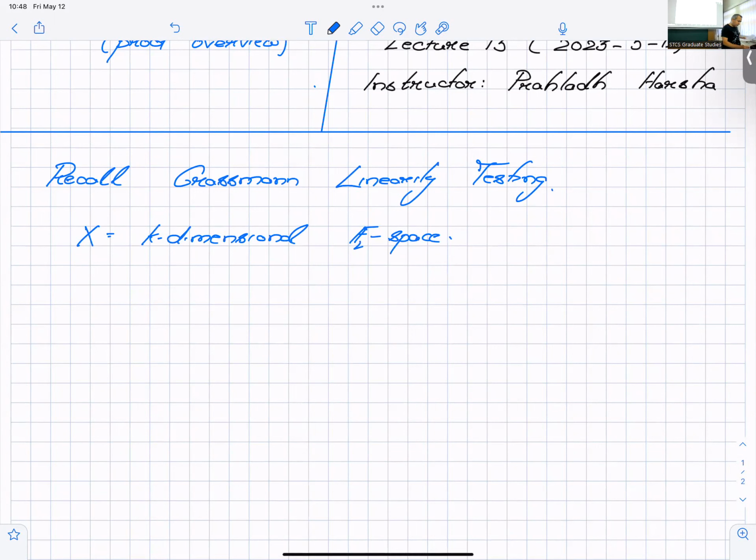And in this linear testing, we want to check if a given function is a linear function on this space. So you can of course specify the linear function by just giving k bits.